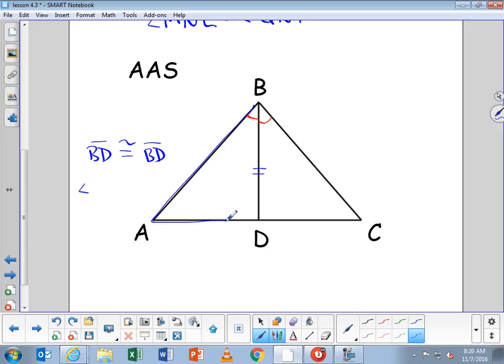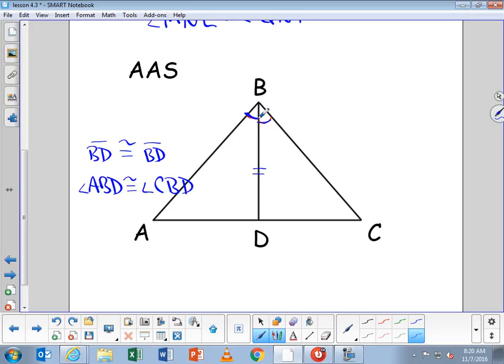They didn't mark this, so we don't have this angle here. Angle ABD is congruent to angle CBD. That's the fact they gave us. That one right there is congruent to this one here.